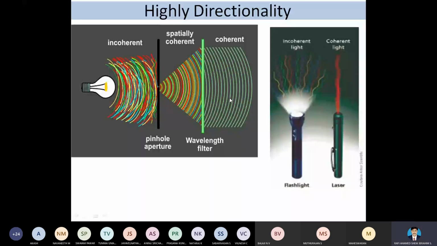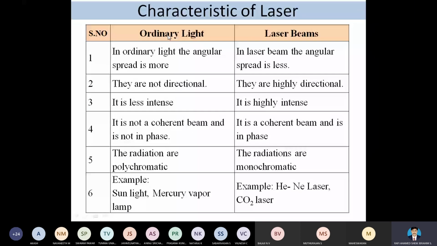For ordinary light, we can consider natural incandescent light, that is sunlight. We are using mercury vapor lamps and sodium vapor lamps in our school laboratories. We have all seen these lights.